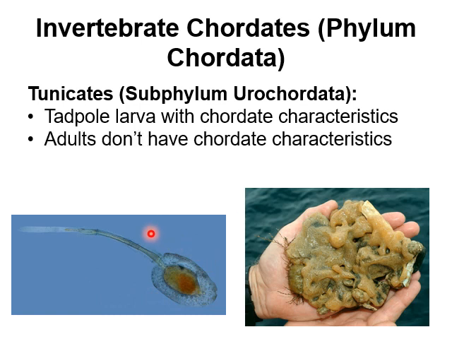However, when you look at the adult, this is what an adult looks like. It actually doesn't have chordate characteristics. It's lacking those. So these are kind of on the fence of being chordates, because when they're juveniles, they do have the characteristics that make them a chordate, but when they're adults, they don't have those characteristics. Which is kind of confusing.